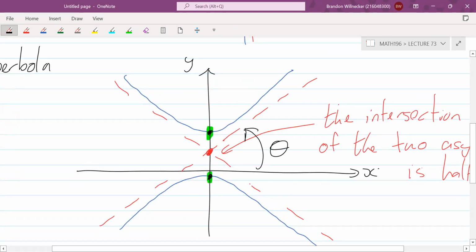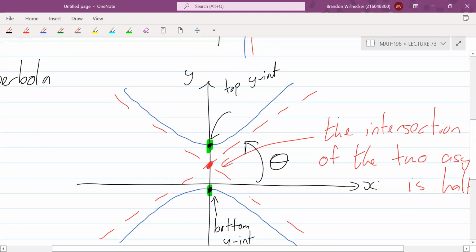So we've got the top y-intercept and the bottom y-intercept. We see that the y-intercept for the two asymptotes is over here. It's halfway between the y-intercepts, and that y-intercept is the same for both asymptotes. So we just need to calculate it once.